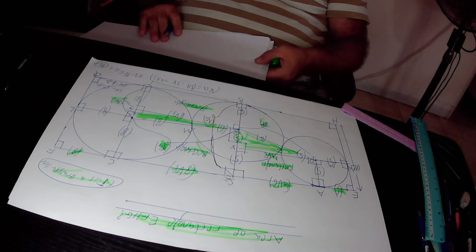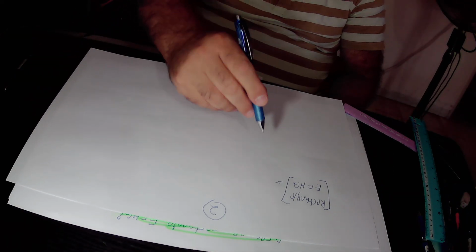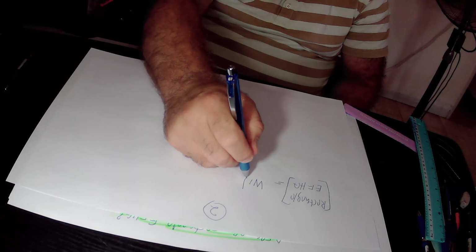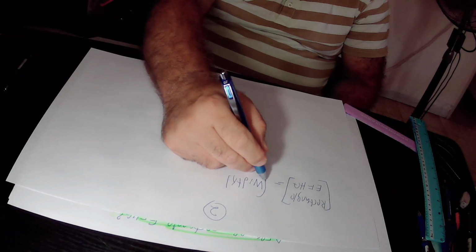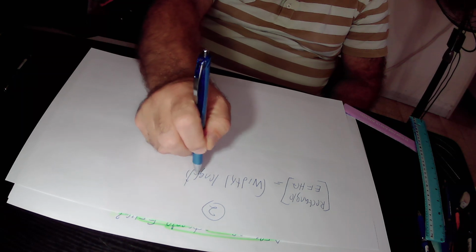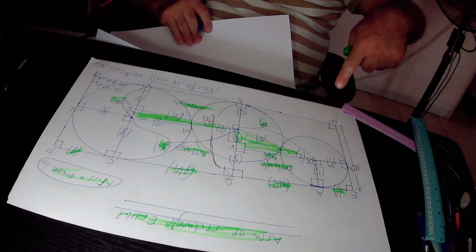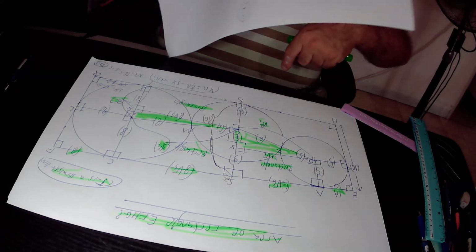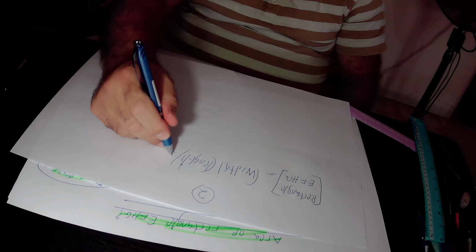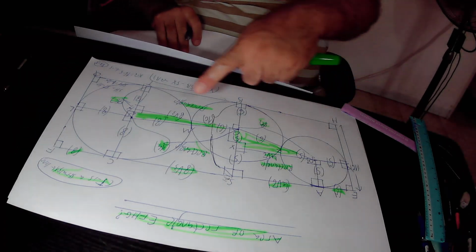is equal to the width times the length. The area of rectangle EFHQ equals the width of the rectangle times the length. The width is EH, and the length is EF.